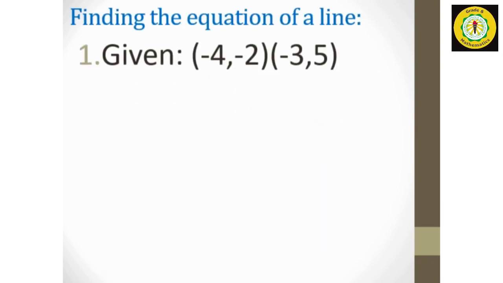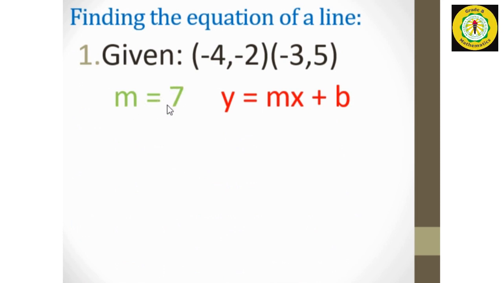First example, I have here negative 4 and negative 2, negative 3 and 5. Again, we need this formula, and the slope. So how did we get our slope, which is 7? By using the formula. So the formula for slope again is y sub 2 minus y sub 1 over x sub 2 minus x sub 1. So m is 7.